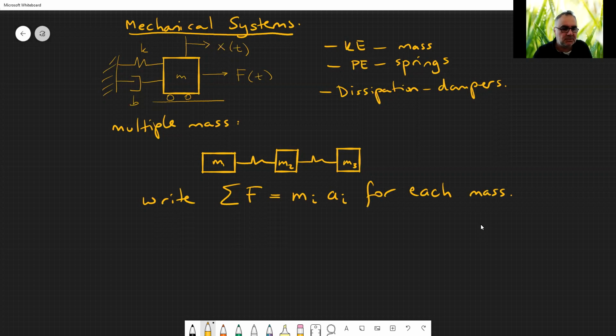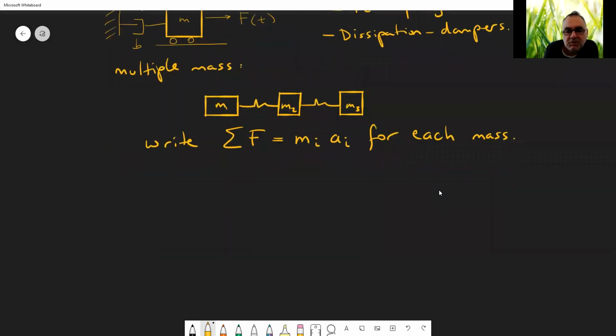This is our main method. Newton's second law applied to every mass basically gives us the equations.